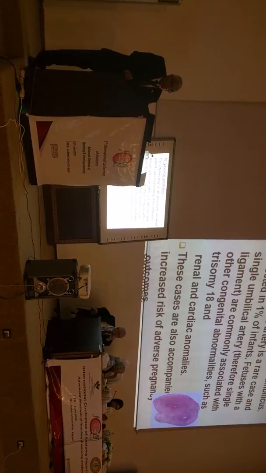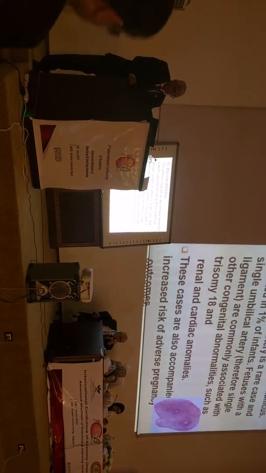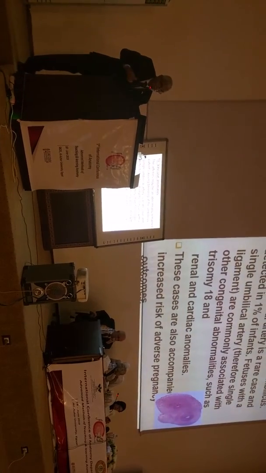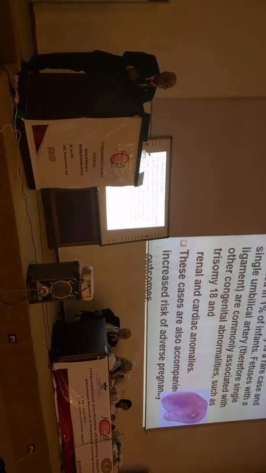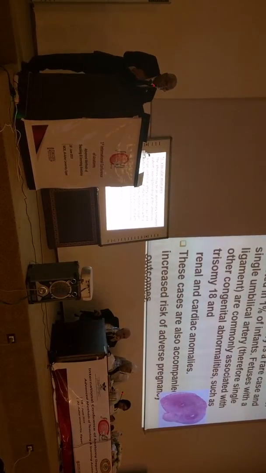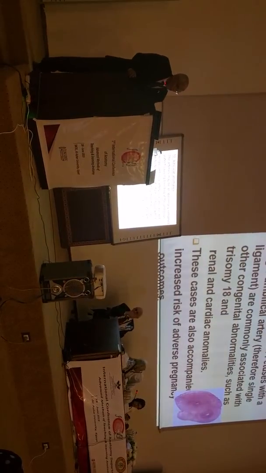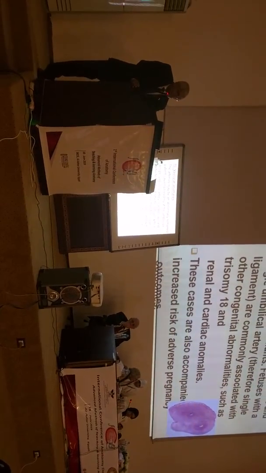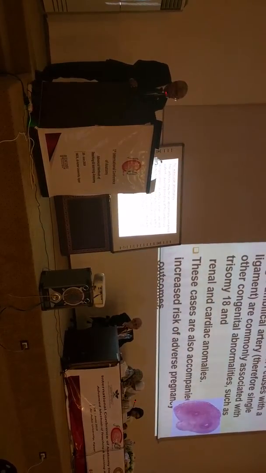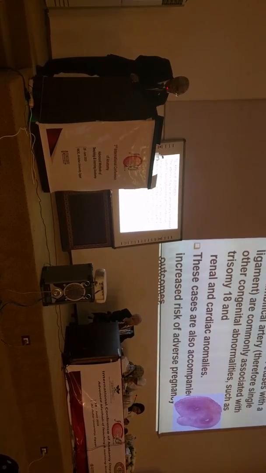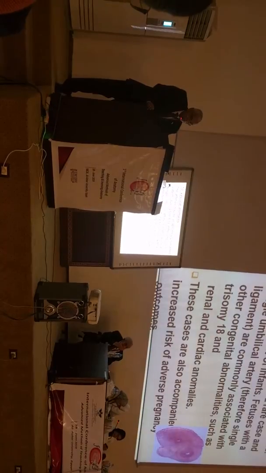Another anomaly is single umbilical artery. As you know, the umbilical arteries are 2 arteries carrying the deoxygenated blood from the fetus to the placenta. Sometimes the baby is born with only 1 umbilical artery and 1 umbilical vein. These cases are commonly associated with other congenital anomalies, such as trisomy 18 and renal and cardiac anomalies.